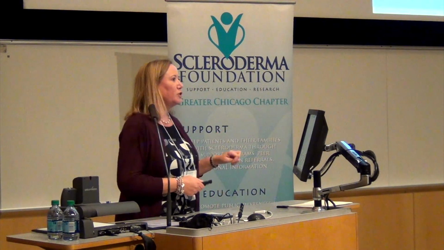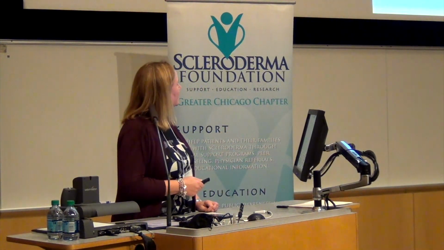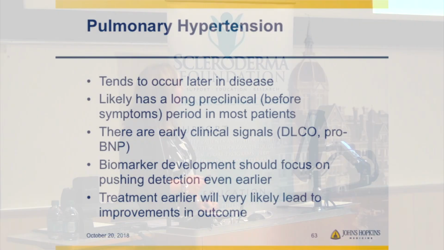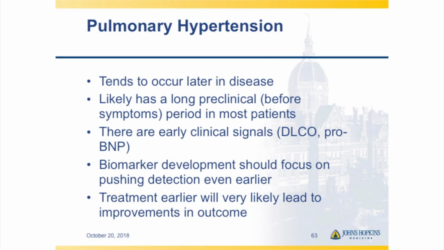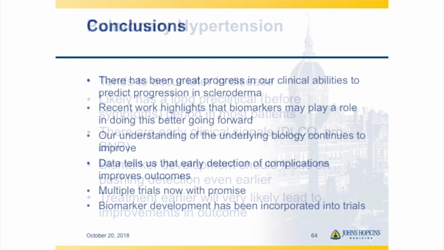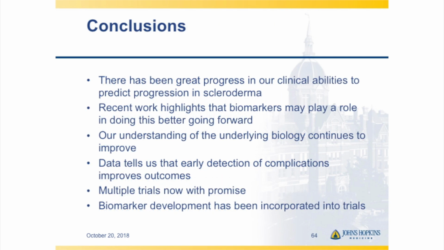This is a vascular complication of pregnancy, which is part of the reason why we find them particularly interesting. So pulmonary hypertension tends to occur later, but has this long preclinical phase. And biomarker development here should really focus on pushing us much earlier in terms of prediction. And then treating early is likely to improve the outcome.